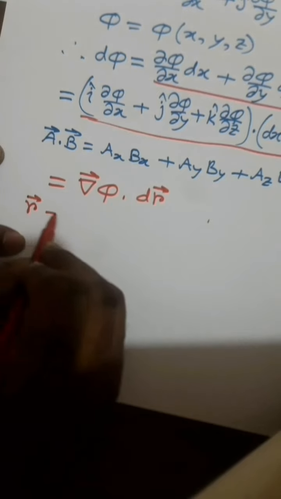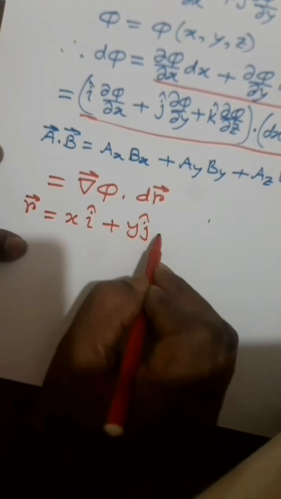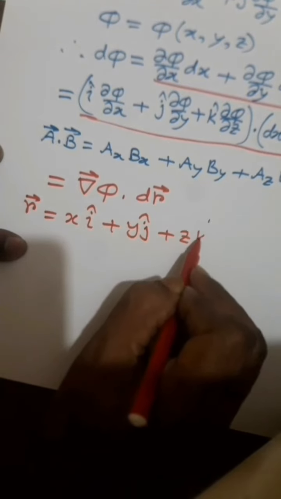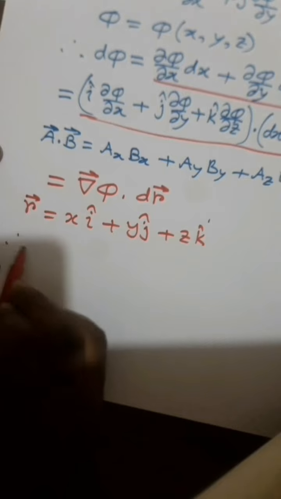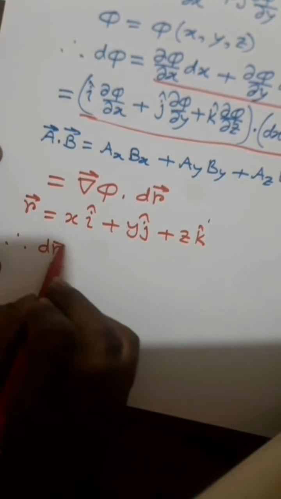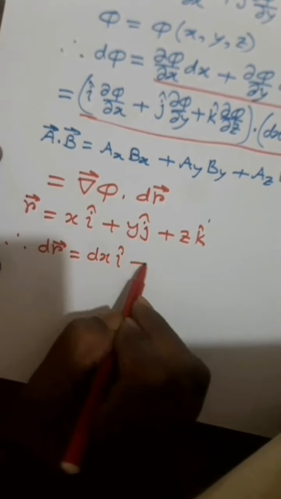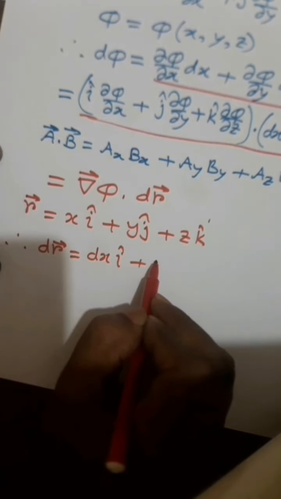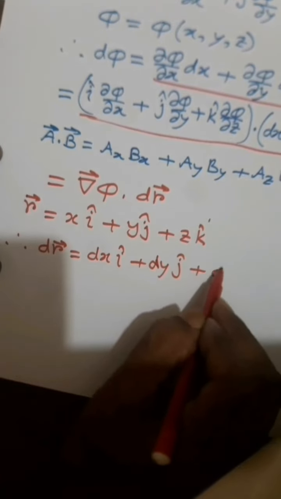R equal to xi plus yj plus zk. Therefore, dr equal to dx i plus dy j plus dz k.